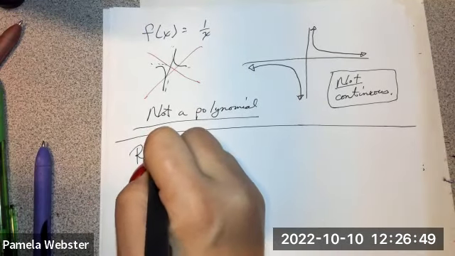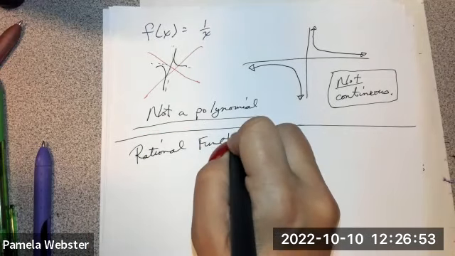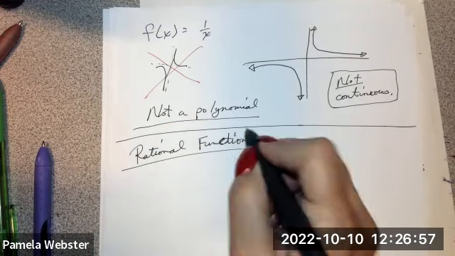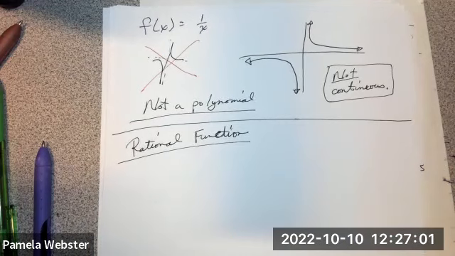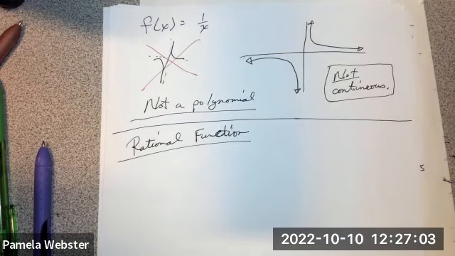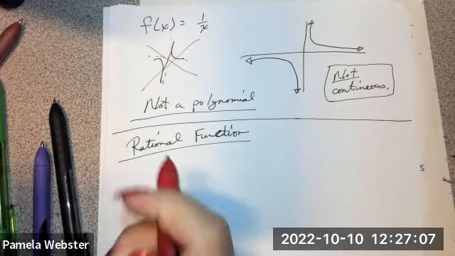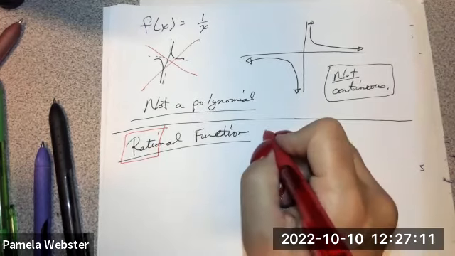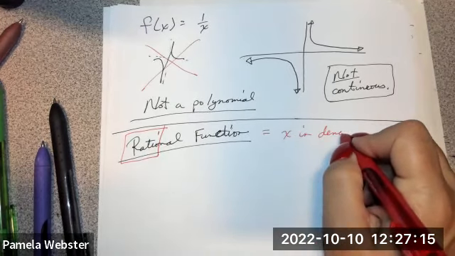It's going to be called a rational function. And so whenever you see that, you should think like a ratio, right? Like that's the first word I see over here, ratio. Okay. So this is when basically x is in the denominator.